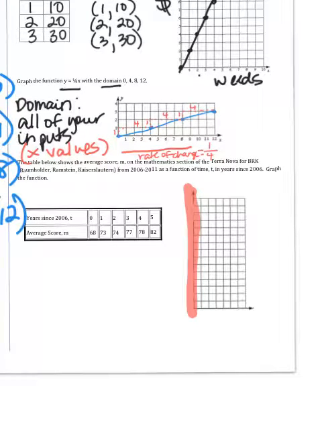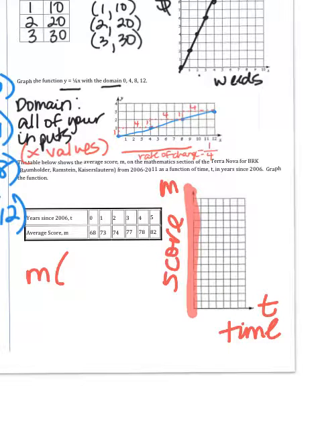Okay, and then you're figuring out what you're counting. So this is based on the time. Based on the time, the score changes. So time is going to be on our horizontal axis, and we're going to call that T. And then the score is going to be on your vertical axis on this one, and they're calling that M. So you're kind of new to these, but they call these f of x functions, or in this case, they're going to be M of t.